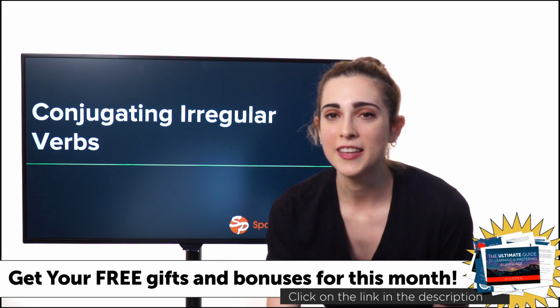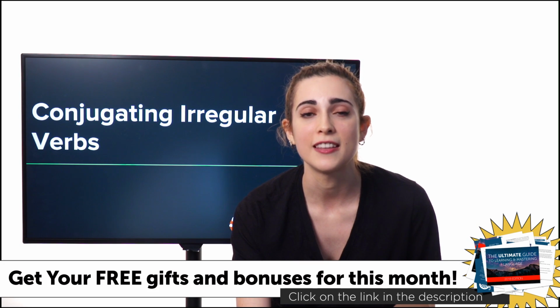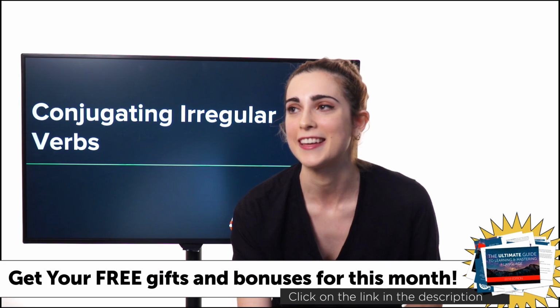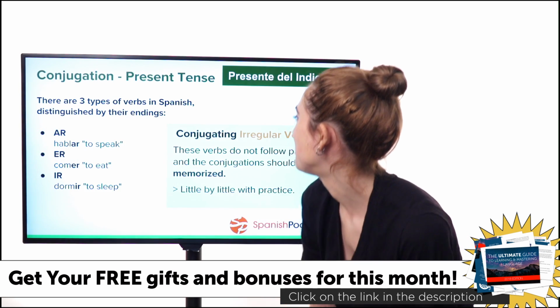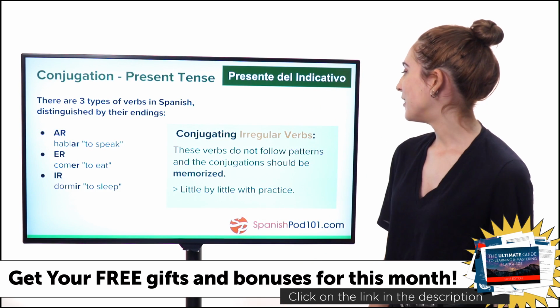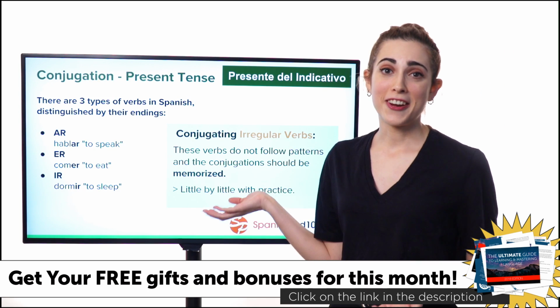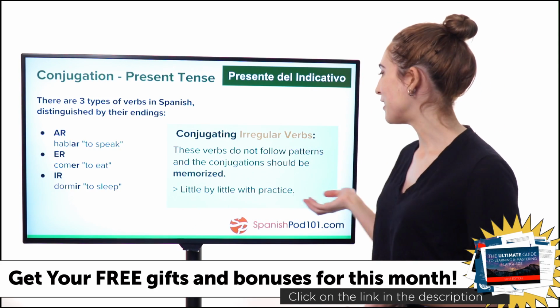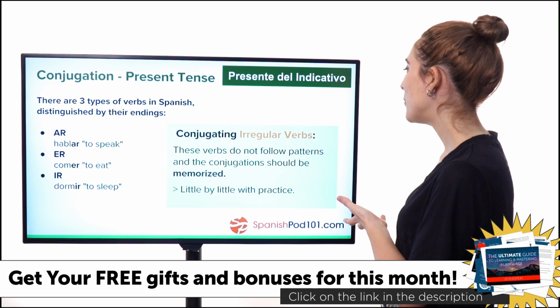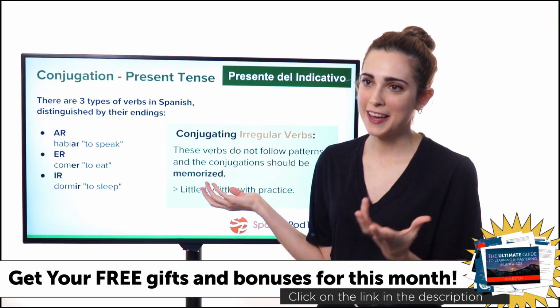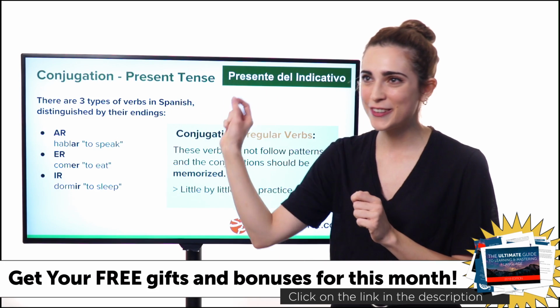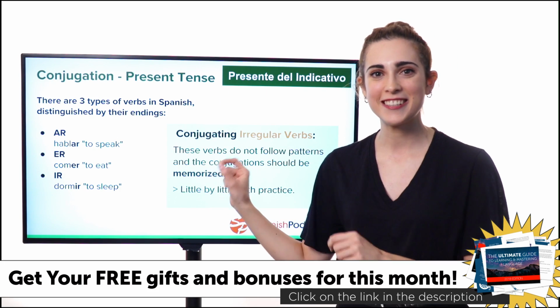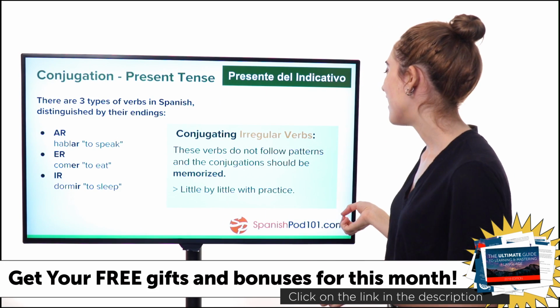So now we saw how to conjugate the regular verbs, we are gonna start with the irregular ones, the scary ones. But don't worry. So what are irregular verbs? As I said before, these are the verbs that do not follow patterns. So we don't have those tables as before, where you just add the same ending to the stem.